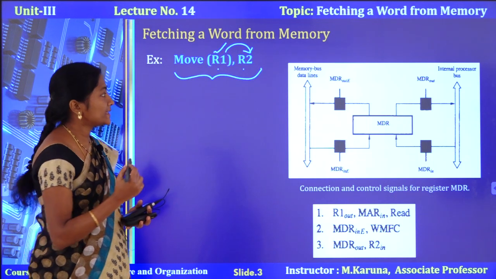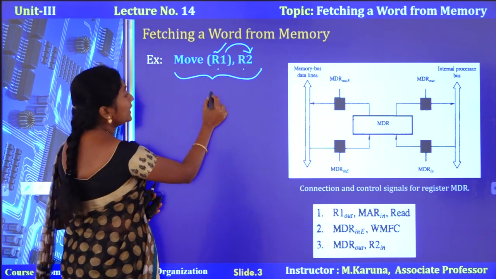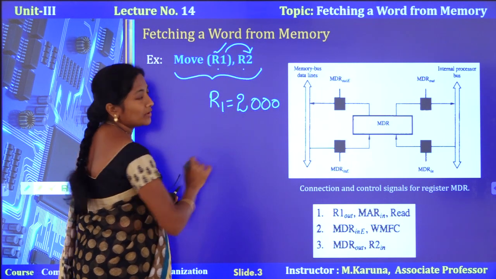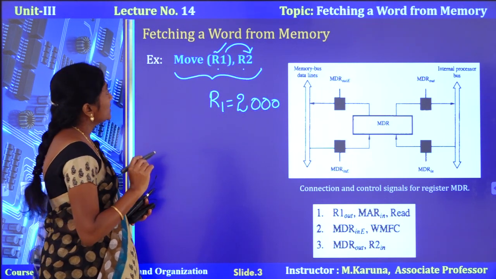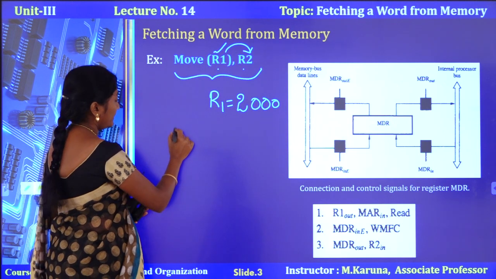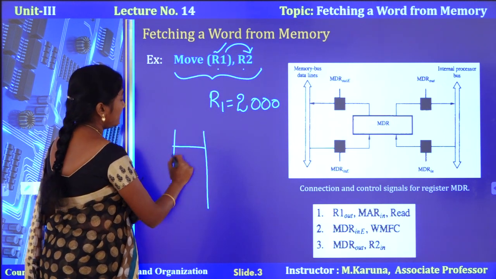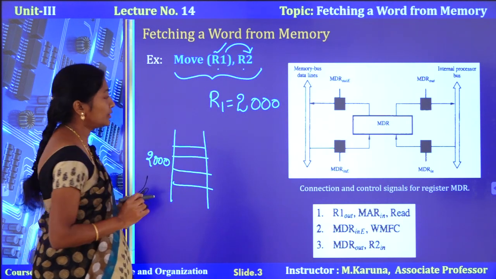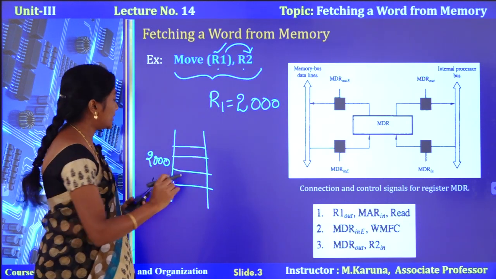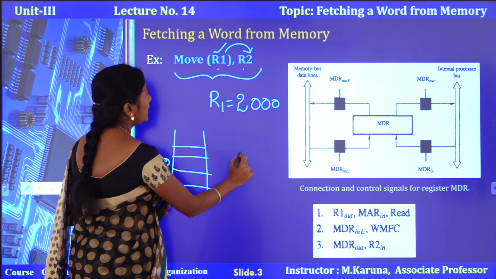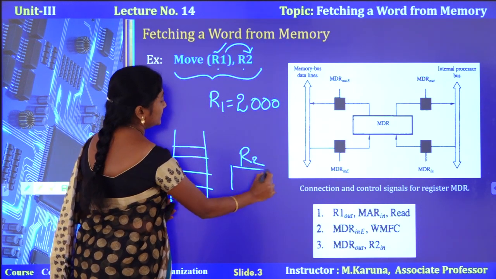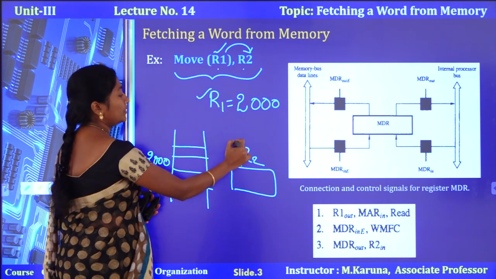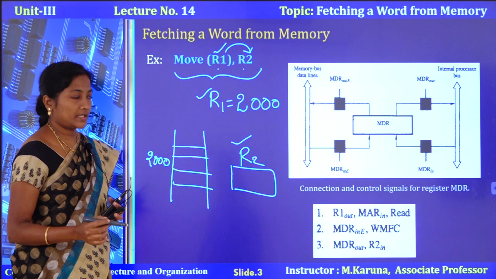For example, here I am taking R1 as having address 2000. Coming to the memory, location 2000. R1 and R2 are the processor registers.